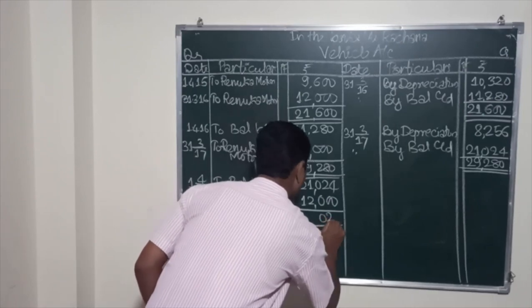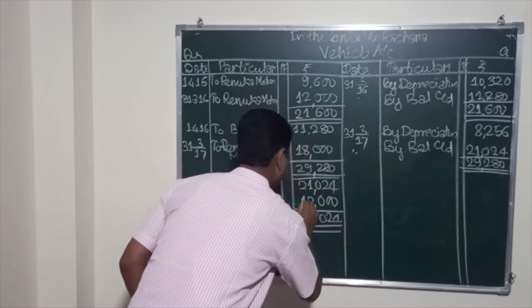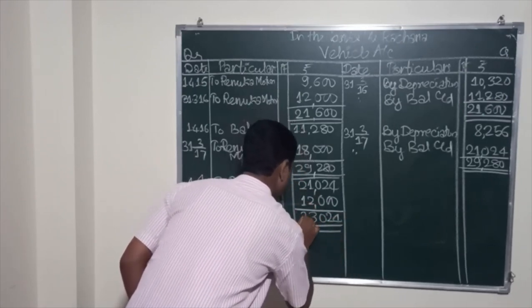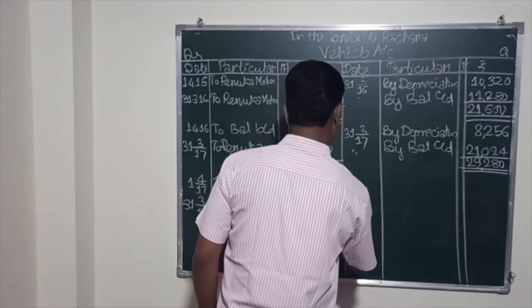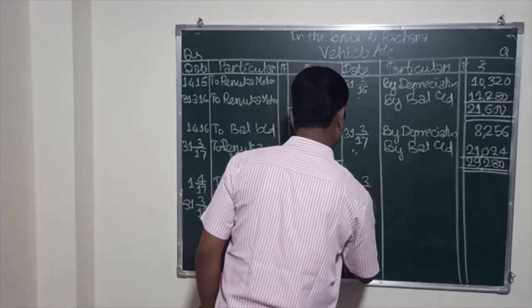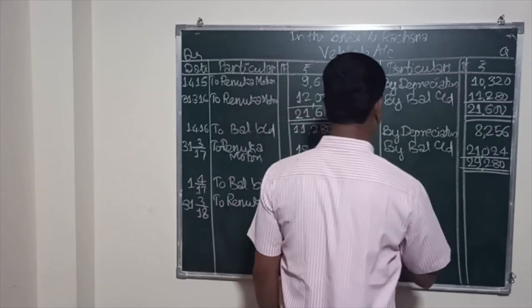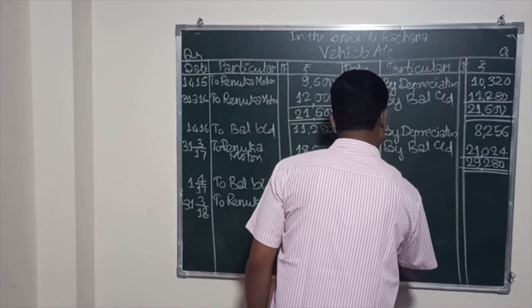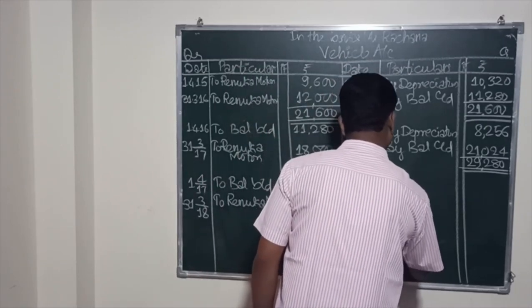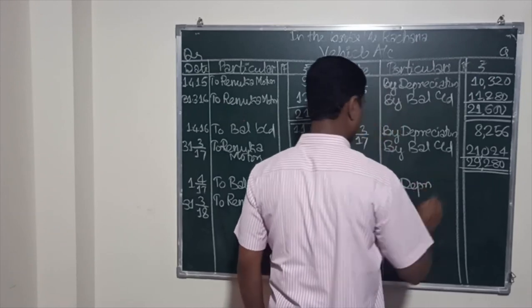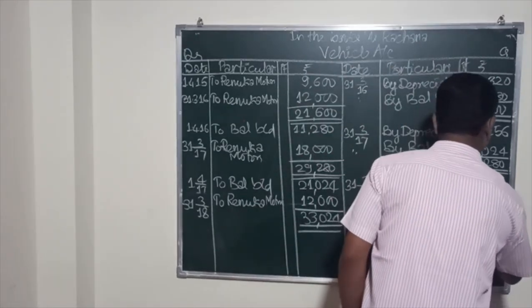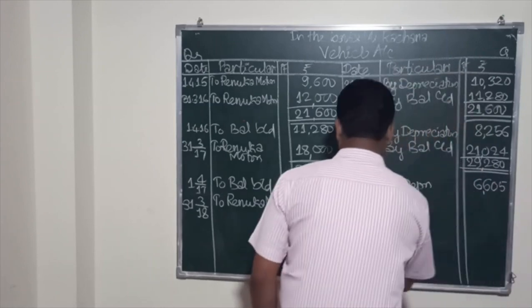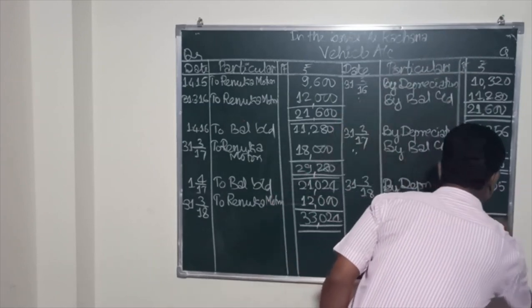So 24 here, 3 here, 2 plus 1, 3 here. So at the end of the third year, that is on 31/3/18, when the depreciation is allowed, then the entry will be depreciation account debit to vehicle account. So vehicle account is credited by depreciation. By depreciation, it is 6,605. So now let's balance here.